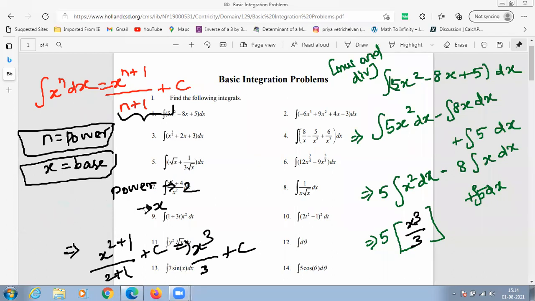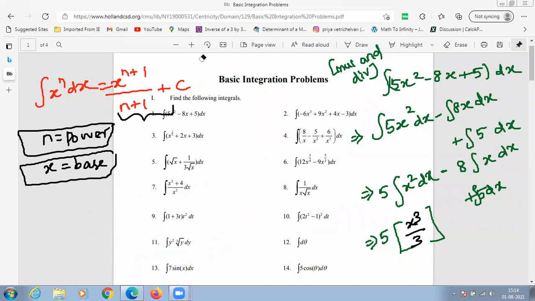So now I'm going to integrate the next one, which is minus 8x. Minus 8x is the next term, right? So minus 8 is in multiplication, so I'm just keeping it as it is. I'm going to integrate the x alone. And you can rewrite x as x power 1. So integrate x power 1.